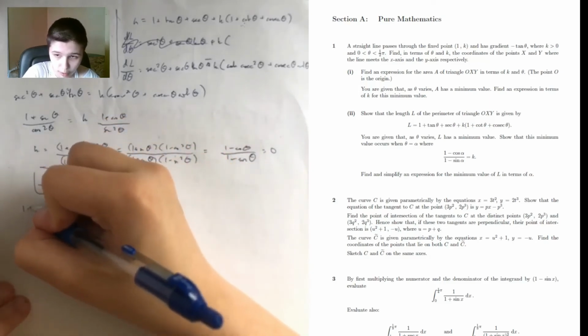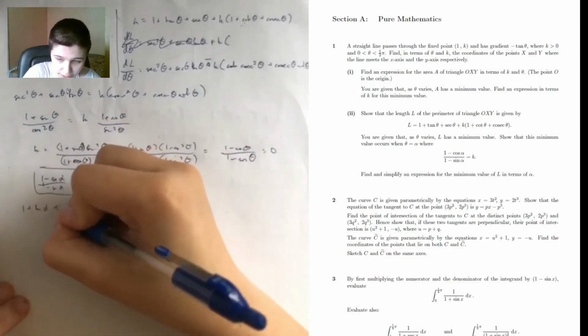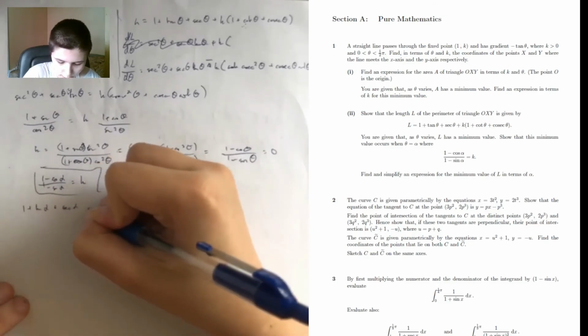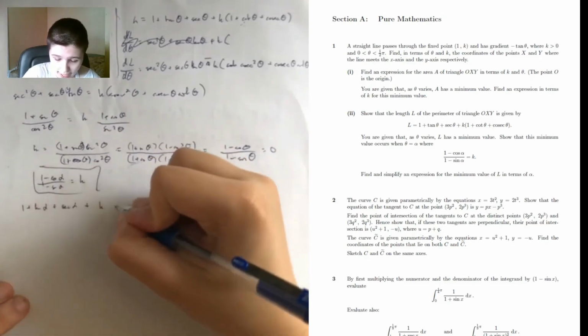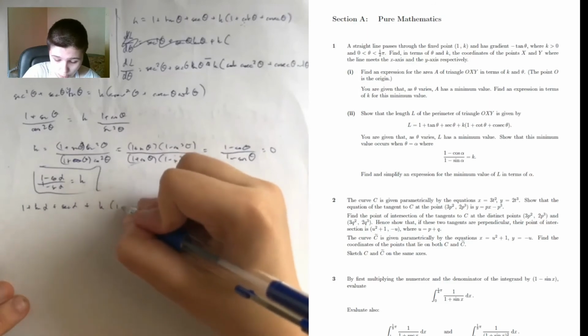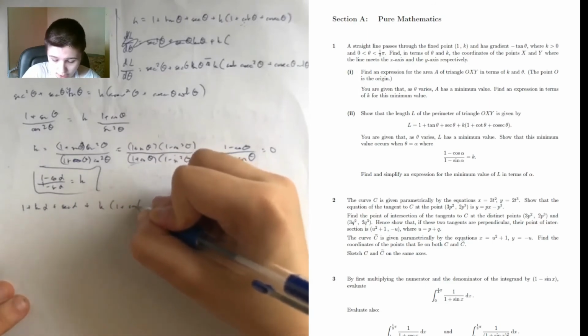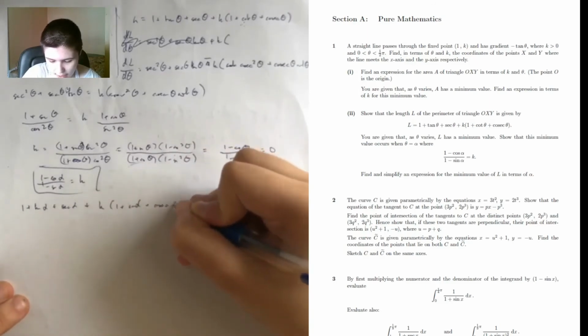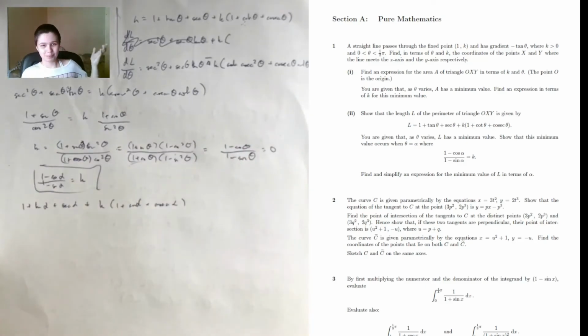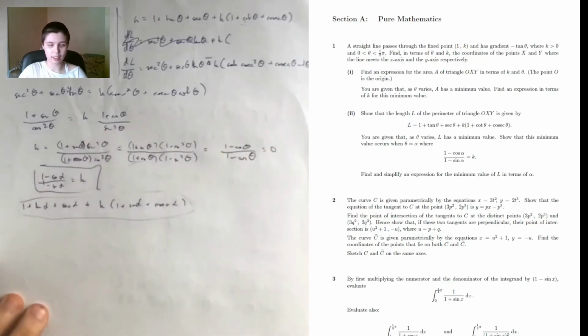Well, that's going to be 1 plus tan alpha plus sec alpha plus k, which is in terms of alpha, times 1 plus cot alpha plus cosec alpha. But here I went down a huge rabbit hole of trying to simplify lots of stuff that I didn't really want to simplify, and so I got back to here and tried again by simplifying this whole value before I introduce k.